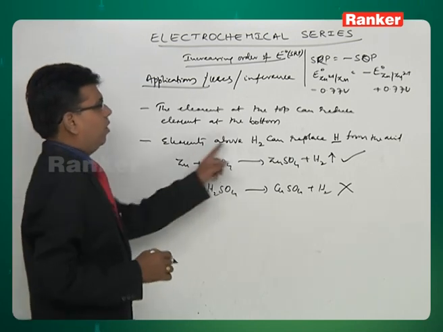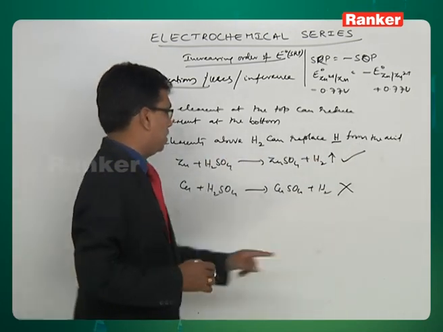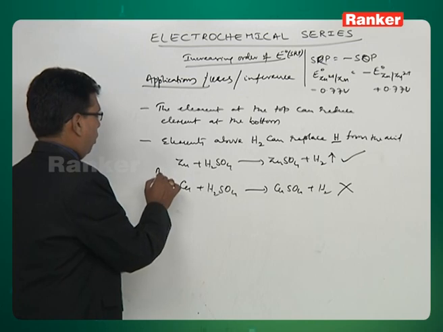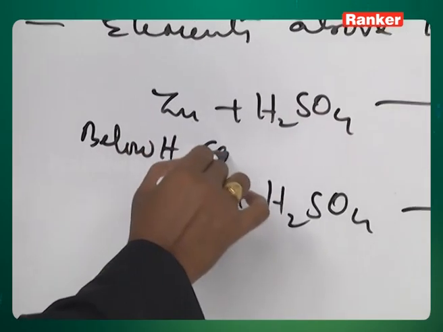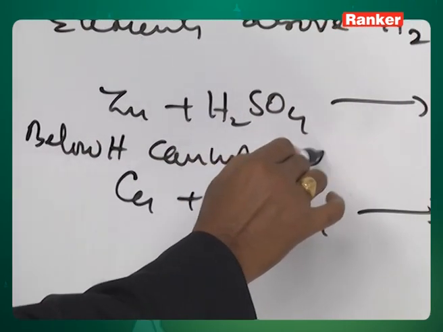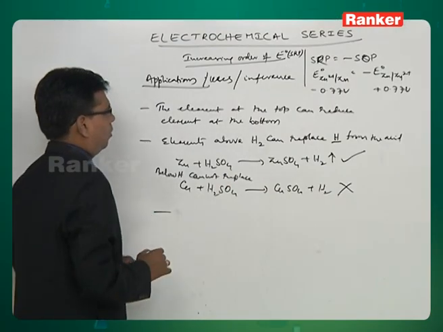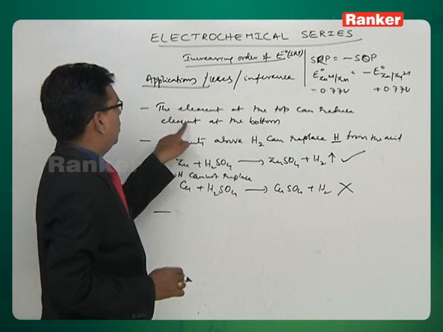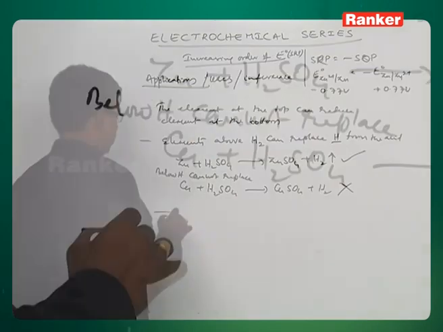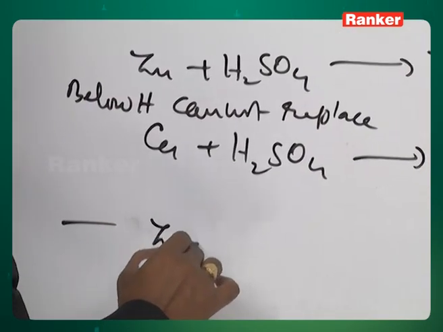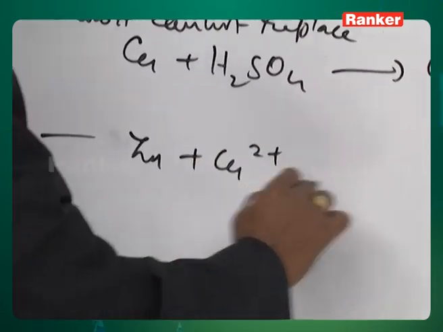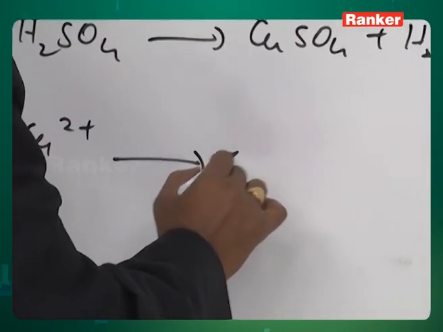So, elements above hydrogen can replace hydrogen from the acid, but elements below hydrogen cannot. And also, as we wrote, the element at the top can reduce the element at the bottom. So, Zn plus Cu2 plus giving Zn2 plus plus Cu is possible.